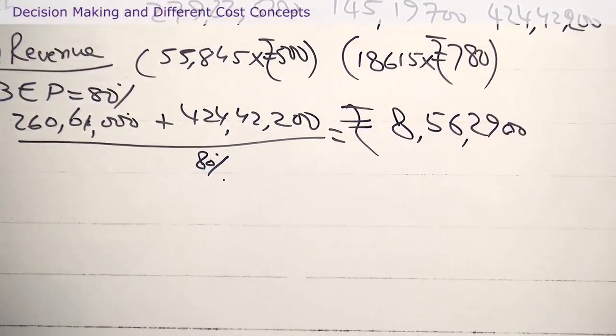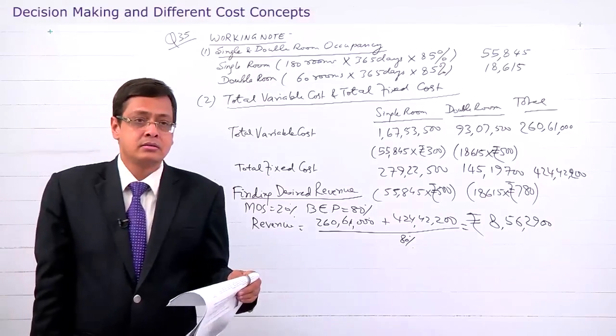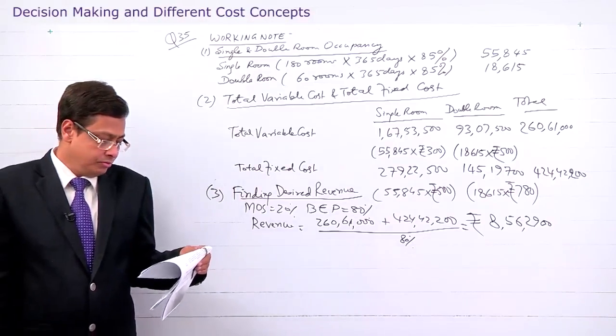Now you have to compute room rent of a double room per day hotel.